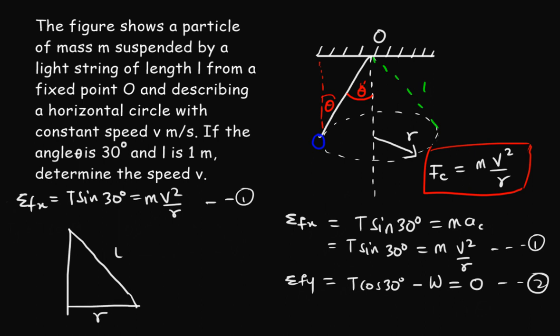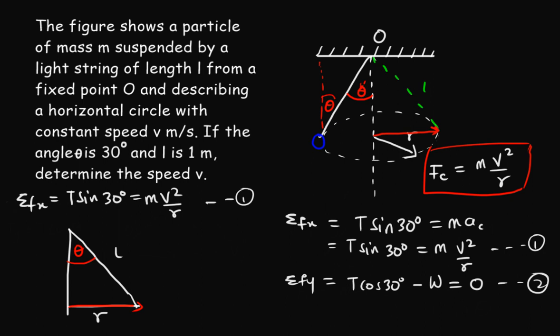If I put a dot here, since r is a radius, I can trace r from the center to this point. Then this angle here is going to be theta, and I have L here.